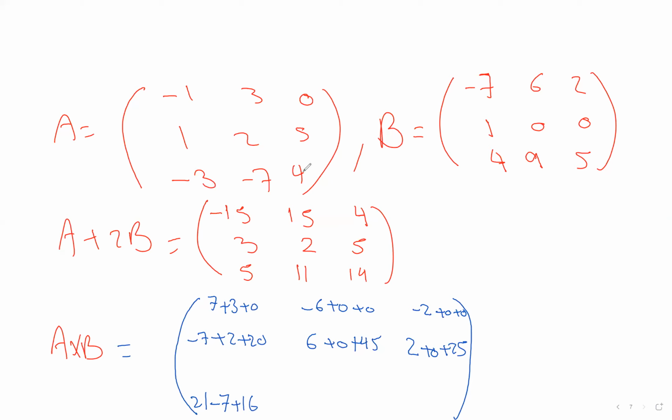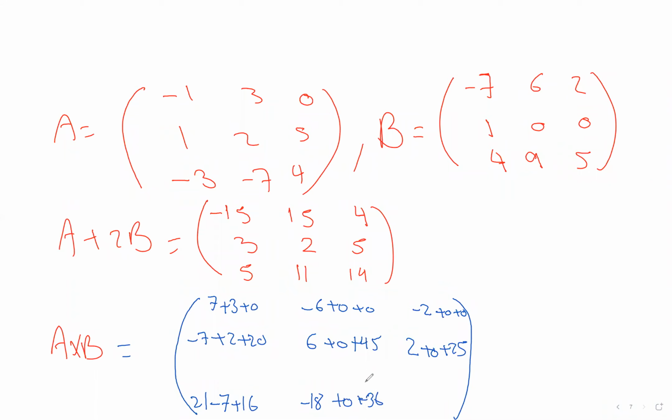The third row times the second column to get the second item in the third row: negative 7 times 6 is negative 42, negative 3 times negative 6 is 18, 7 times 0 is 0, then 4 times 9 is 36.